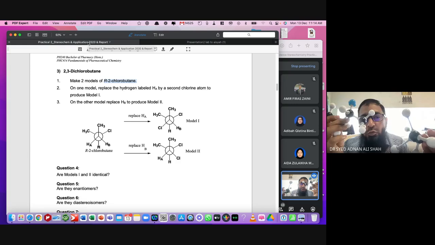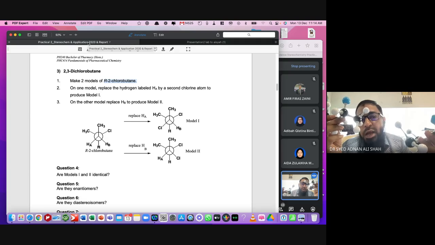So to make two models of the R butane, in one model we replace the hydrogen Ha, and in the second model we replace the hydrogen Hb with the chloride atom, right?